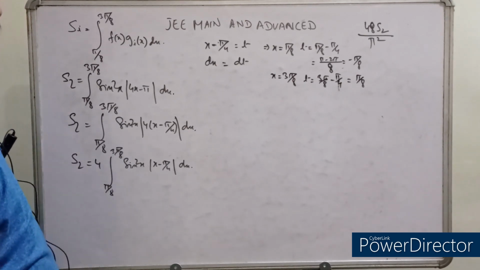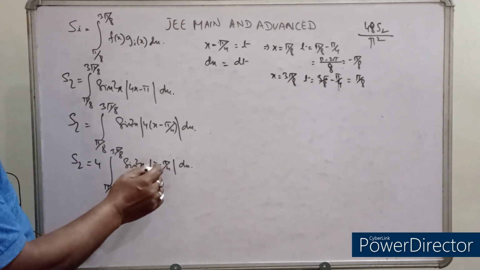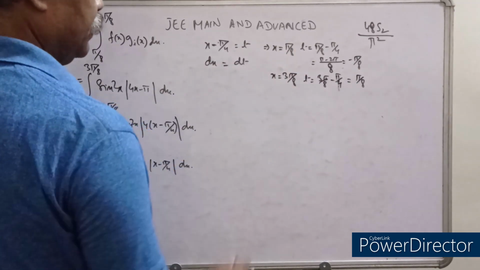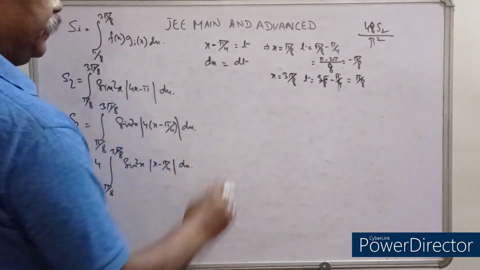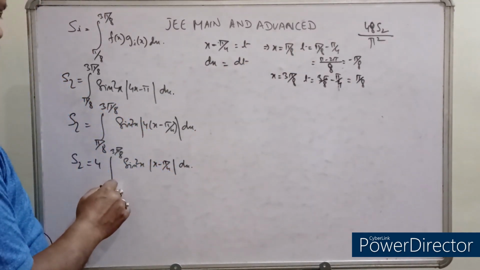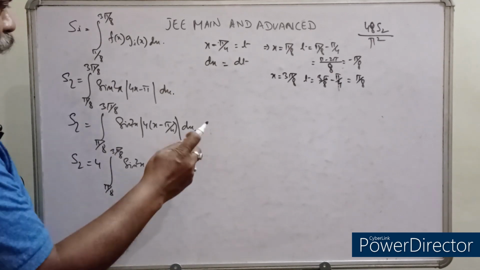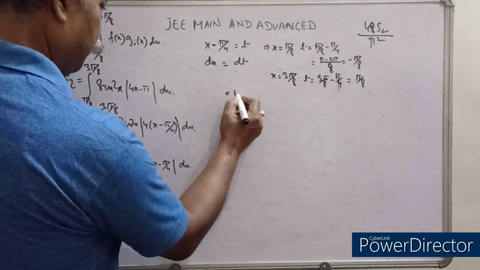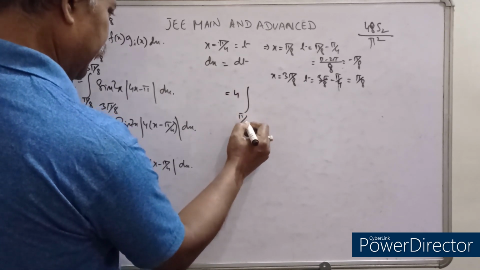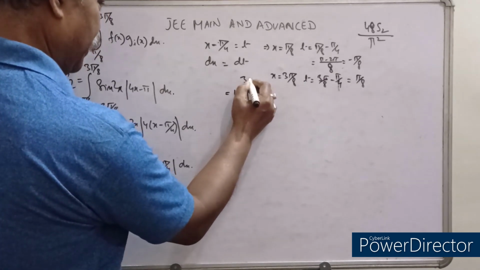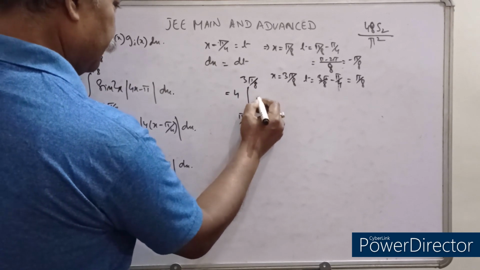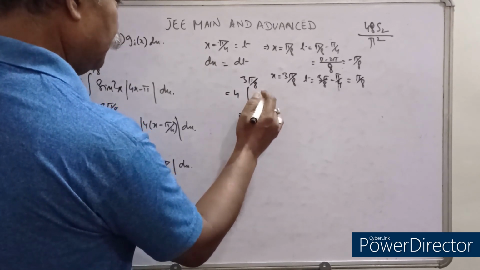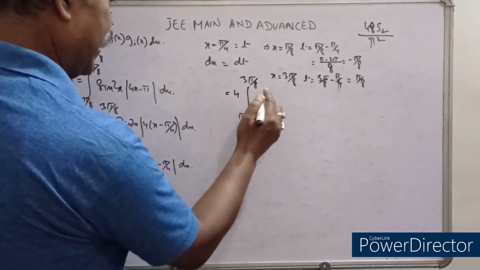So what I have done is I have taken that as t, and I have converted this limit. So you will get a clear picture when I do this, that is equal to 4 integral pi by 8 to 3 pi by 8 sine square x.